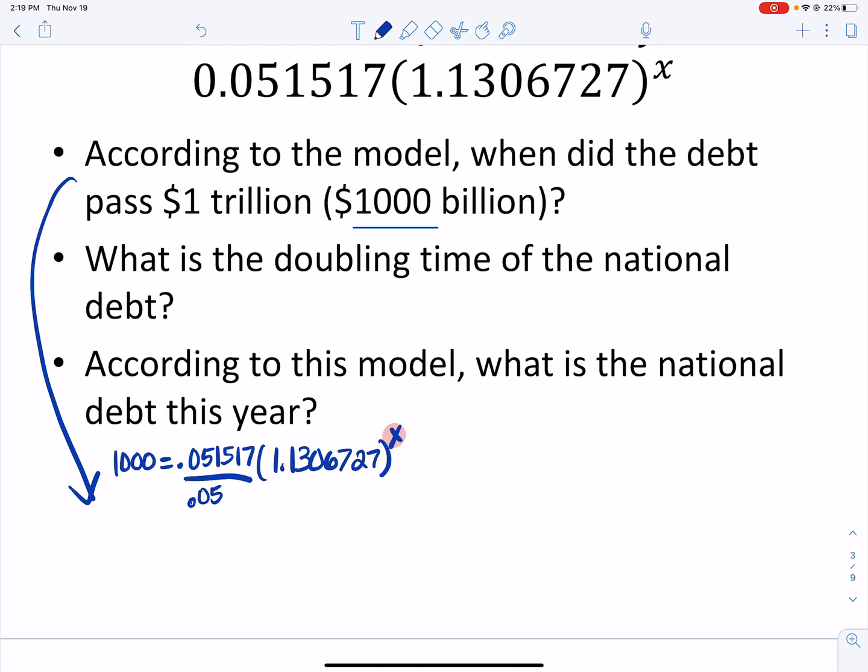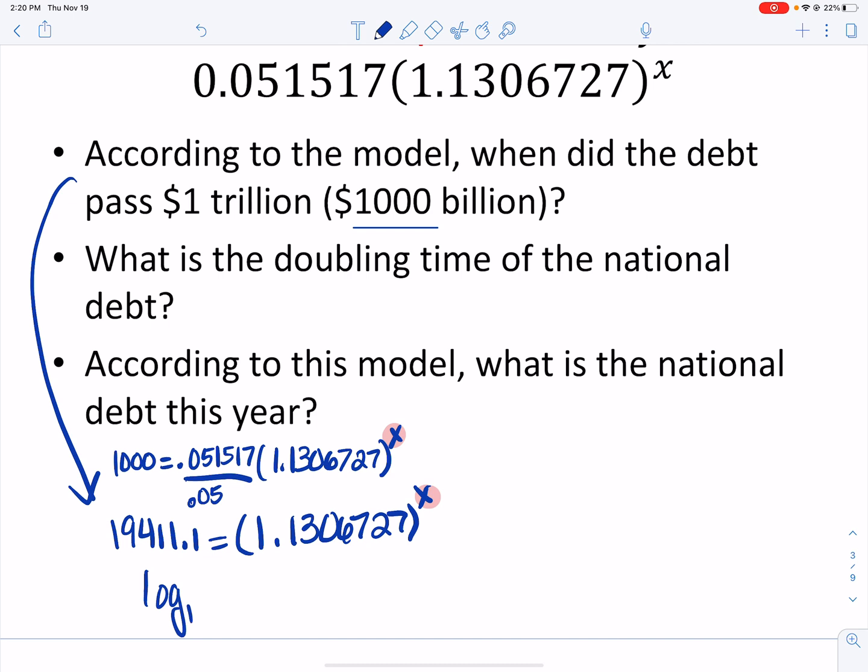Now I can see. So I'm going to do 1,000 divided by 0.051517, and I got 19411.1. So now that I have it written in this form, now I can do the log. So it would be the log base 1.1306727 of 19411.1, and that's going to be my answer.